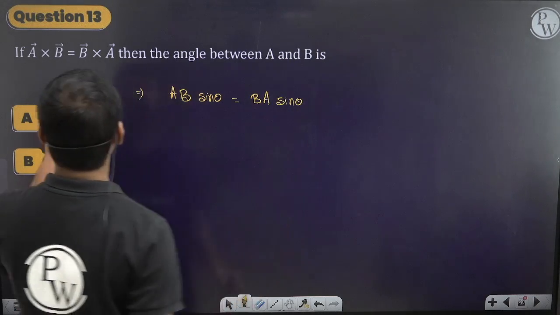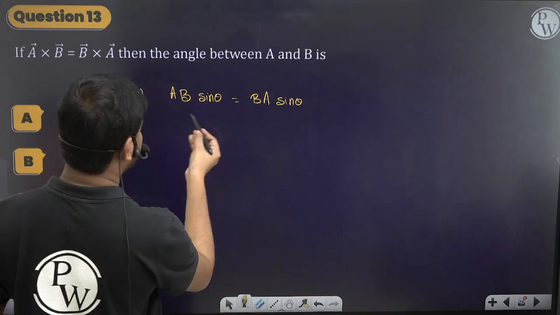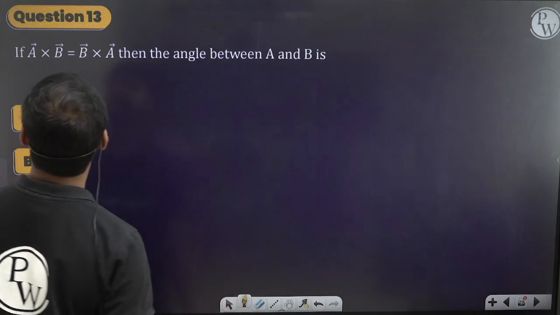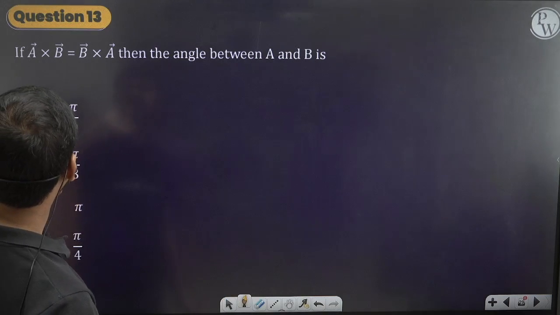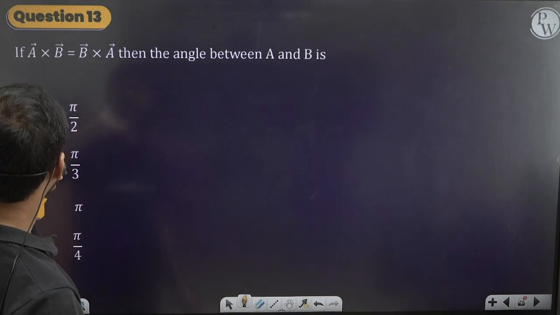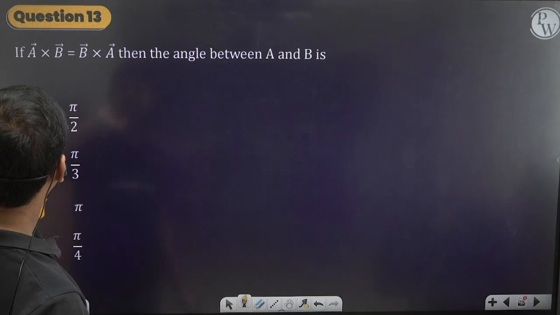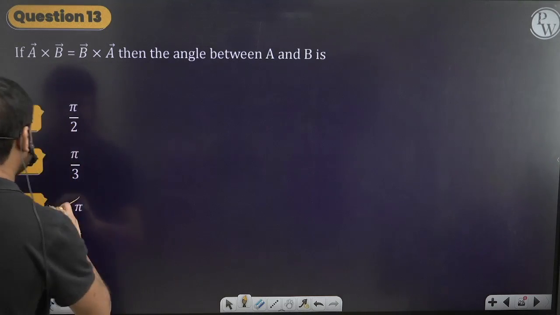So if A cross B equals B cross A, you can simply cancel them. What they are asking is the angle between the two vectors A and B.